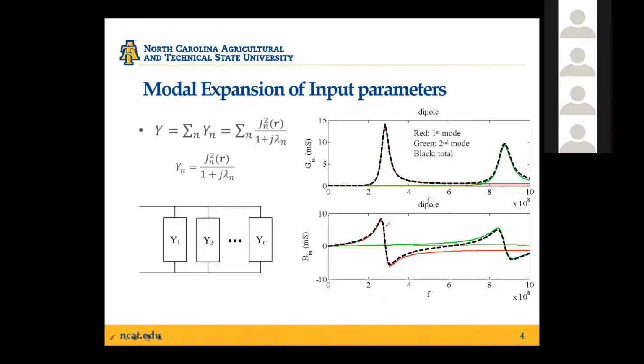And you can clearly see how the total response follows the modal responses based on their contribution. And because of this modal expansion, it naturally arrives at a circuit model that's shown on the bottom left, where your antenna admittance is now essentially a parallel connection of each individual modal admittance.